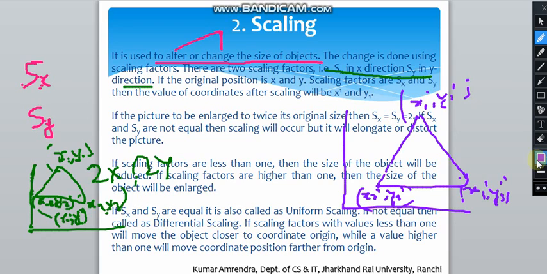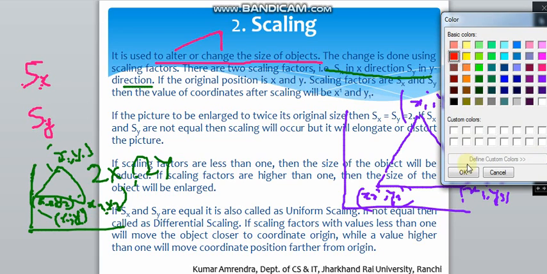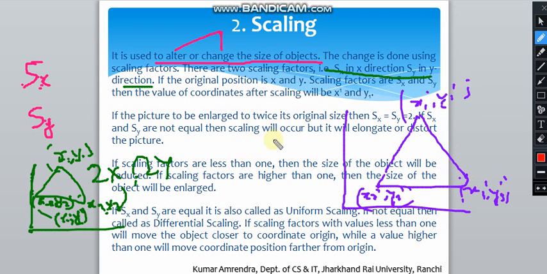That is, the values of Sx and Sy are both equal to 2. And if Sx and Sy are not equal, then the scaling will occur, but it will elongate or distort the picture. If the scaling is not uniform, that means the values of x and y are not the same, then the object will enlarge more in x. If the value of x is higher, x will enlarge, and the value of y is less than the value of x, so y will not change as much.